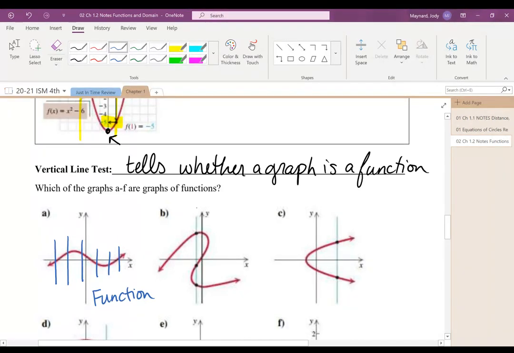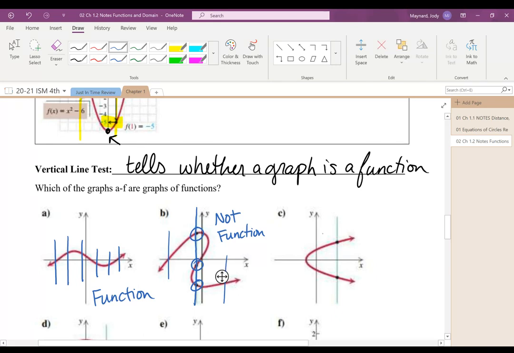However, if we draw a vertical line right here, it intersects the graph 1, 2, 3 times. It doesn't matter that there are some on either end that only intersect one time. If one of them fails, the entire thing fails. So here, this is not a function, since all three intersected that vertical line, right? It intersects the graph more than one time.